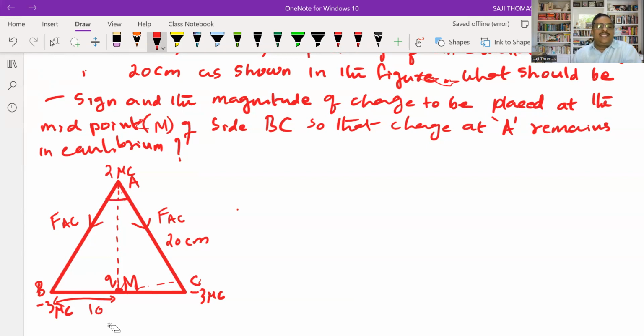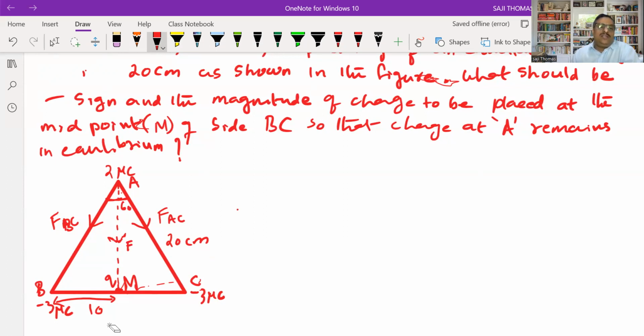This angle is 60 degrees, equilateral triangle. So the resultant of the forces due to B on A, FAB, and FAC, will be downward. This I denote as F.